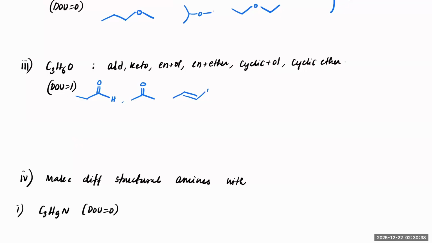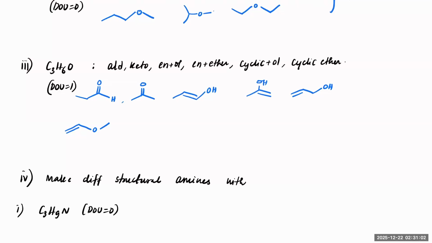This is ene plus alcohol, or ene plus alcohol, or ene plus alcohol. So enols are of three kinds we can get. So these three are the enol forms. Next, ene with ether. Ene with ether form. One possibility we can get.